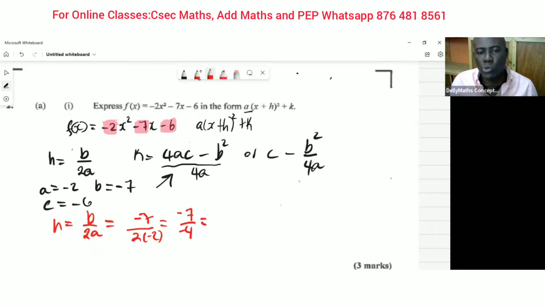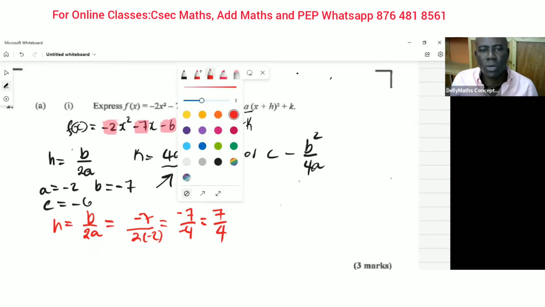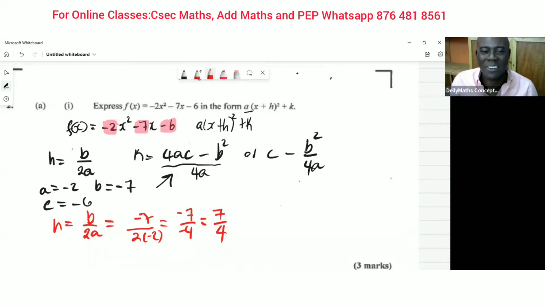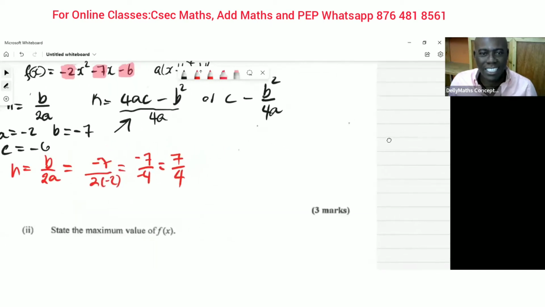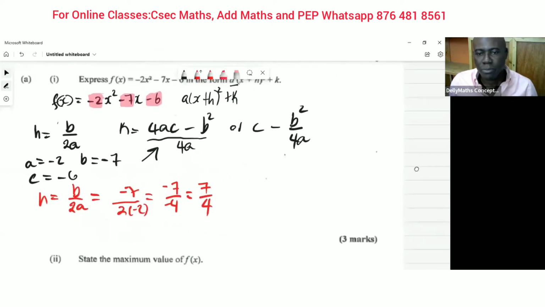And finally, dividing a negative by a negative, we get positive. So h is equal to 7 over 4.